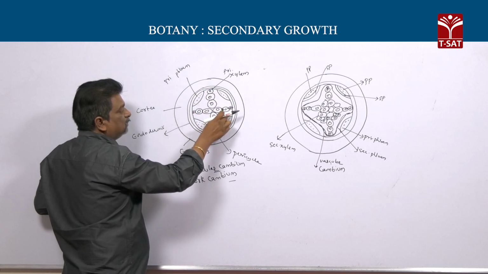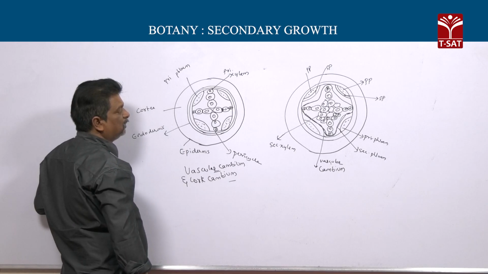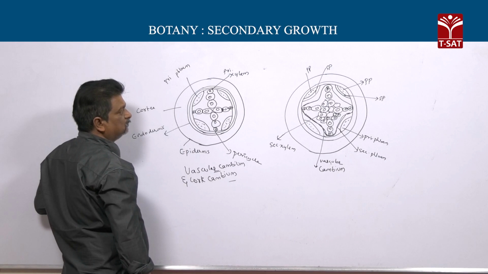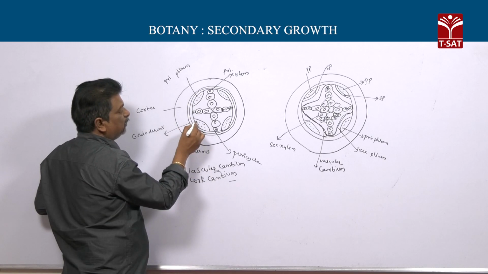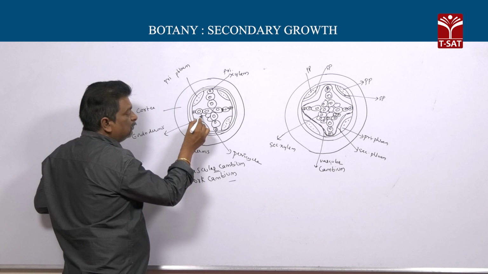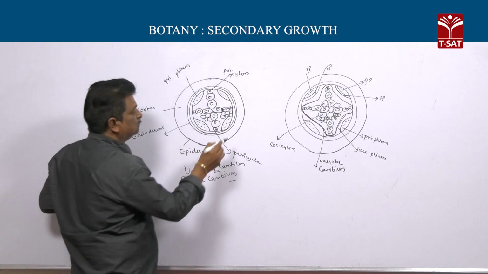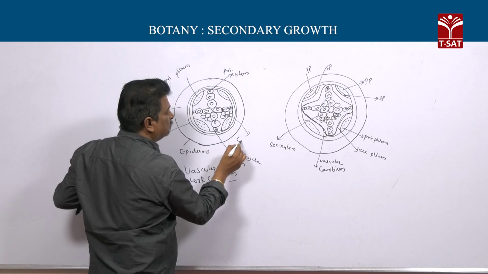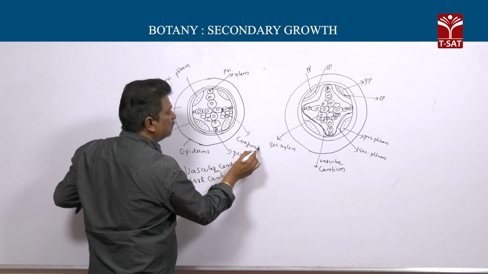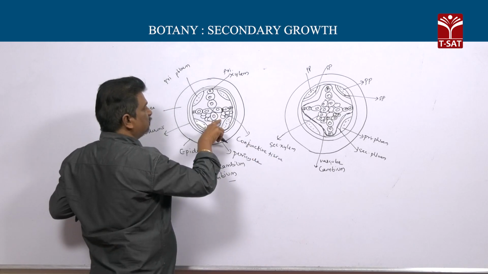They are separate, alternate, and present on different radii, called radial vascular bundles. This xylem and phloem are connected by parenchyma, which is called conjunctive tissue.